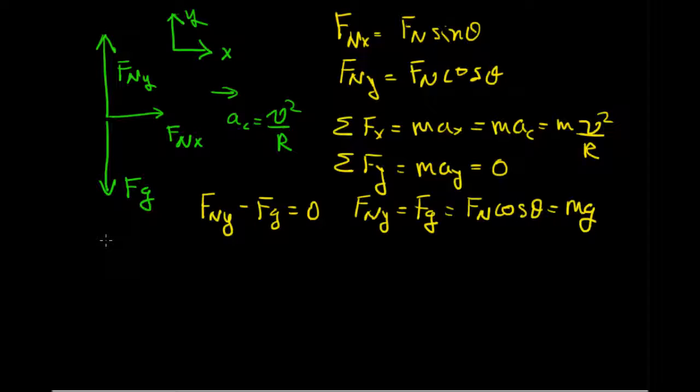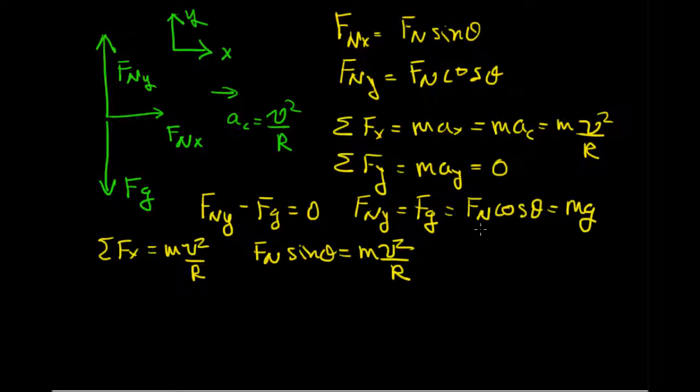And then if I go to the x equations, the sum of the forces in the x direction equals mv squared over r, but that just gives me the normal force times sine theta is equal to mv squared over r. And now I can use this expression and solve for the normal force. The normal force here is equal to mg over cosine theta.